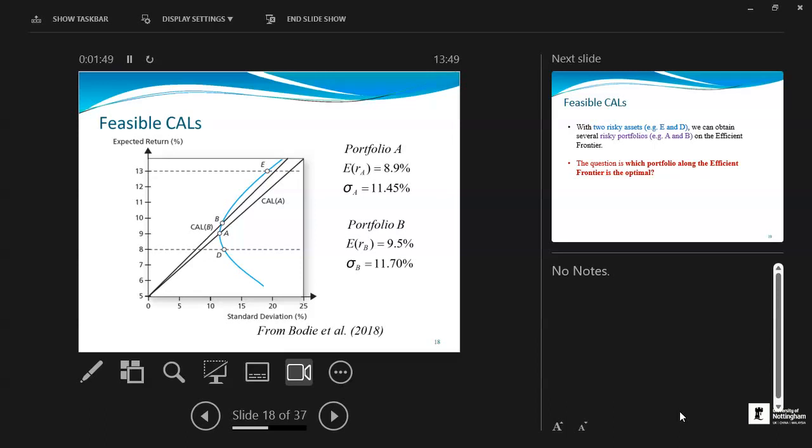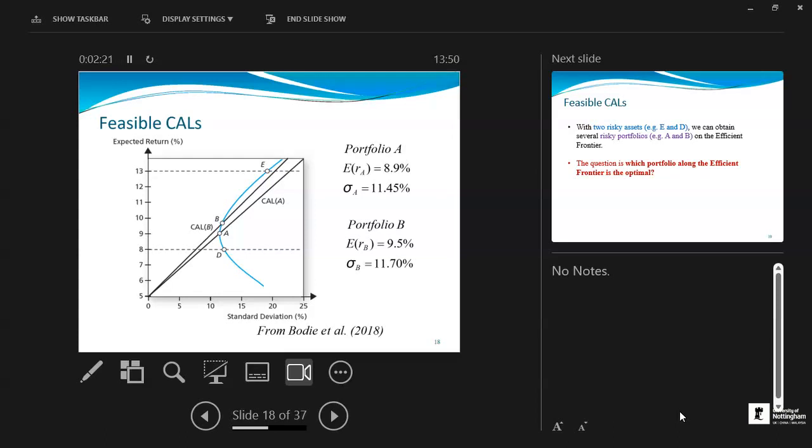Then we have this curve that shows all the possible combinations of stock D and stock E. Both are risky assets, right? So you can think of this as being the efficient frontier of stock D and E. These are all the possible combinations that you can create by investing different amounts, by changing the weights of investments.